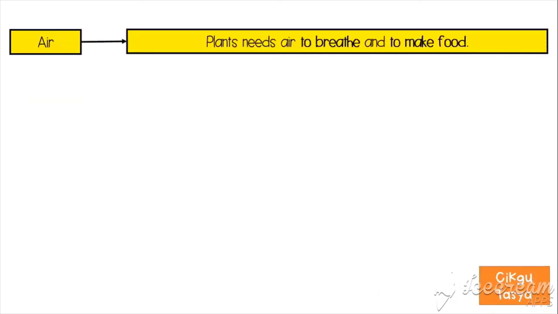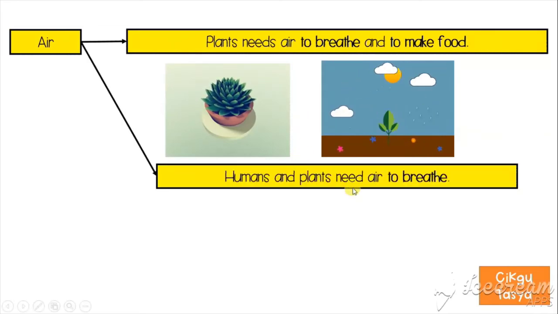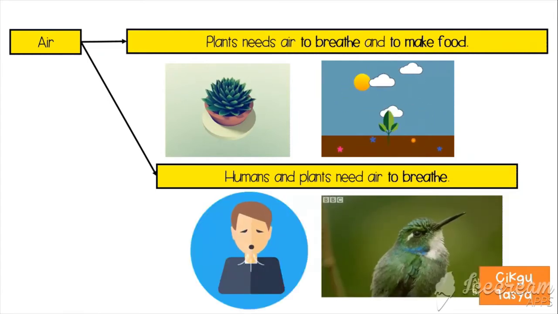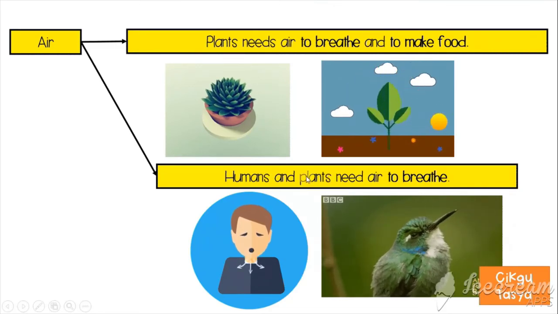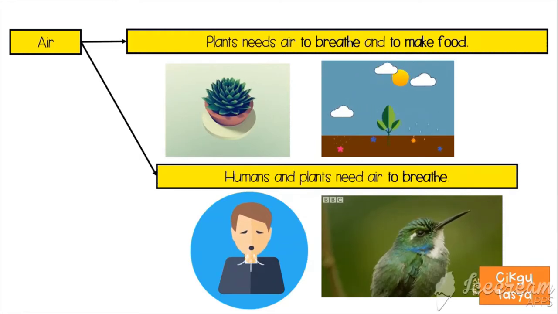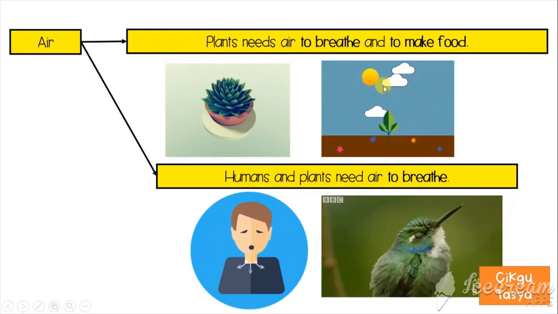So plants need air to breathe and also to make food, while humans and animals need air to breathe. So you can see that the similarity here is that plants, humans, and animals all need air to breathe, but the difference is that plants need air to make food also.